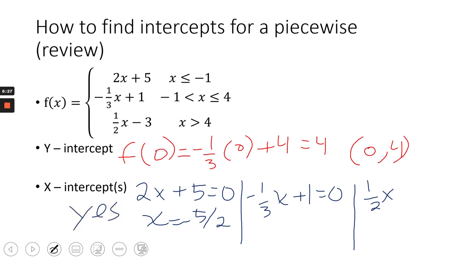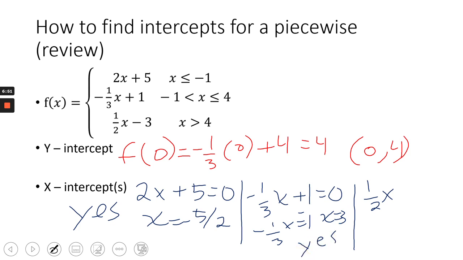Next equation, negative 1/3 x plus 1 equals 0. You solve for x. So negative 1/3 x equals negative 1. Multiply by negative 3. x is equal to 3. x equals 3 is in between negative 1 and 4, so that works.